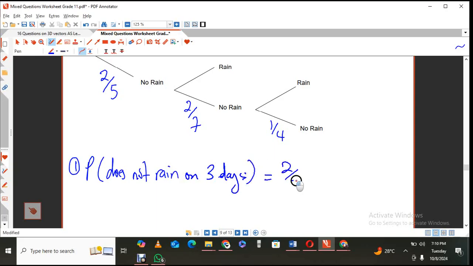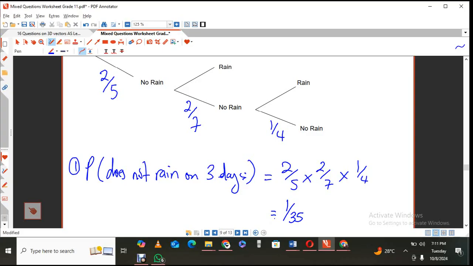So we're going to take 2/5. Remember I said if you go along the branches like this, then you simply multiply. Once you do that multiplication, that's going to give you 2 times 2, which is 4. So we can actually simplify that a little bit. So it will simplify to 1/35.